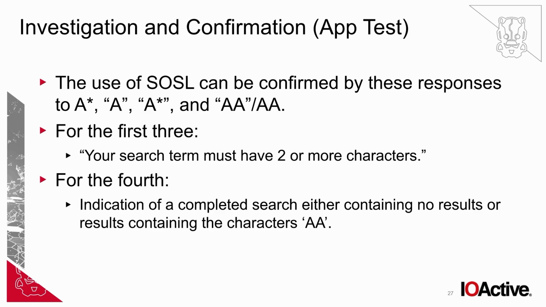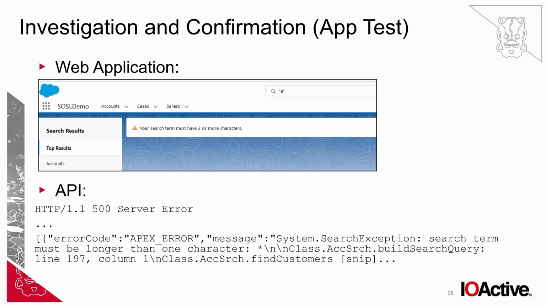The quote and the wildcard count as not being part of the search. The fourth search passed in would bring back either a completed search or anything that does contain the two characters you searched for, which would look like this in a web application situation.